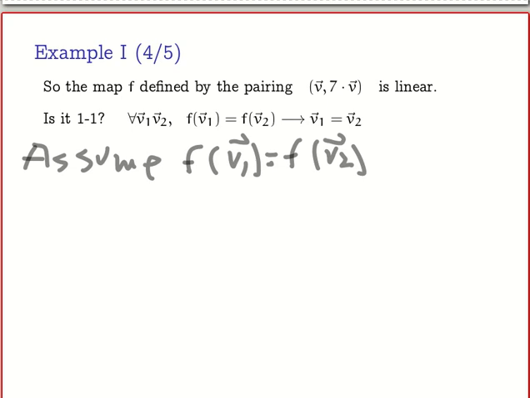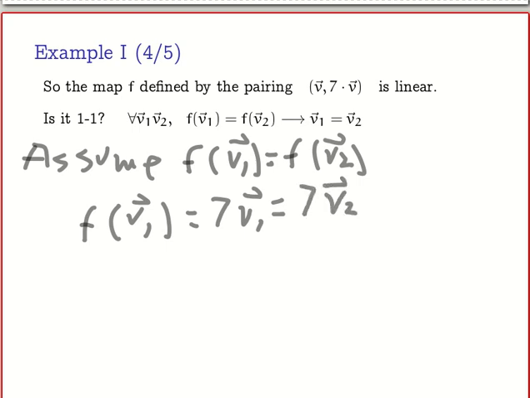Well, because this is true, and we know that f of v1 equals 7 times v1, since that's equal to f of v2, and f of v2 equals 7 times v2, we know that 7v1 equals 7v2.